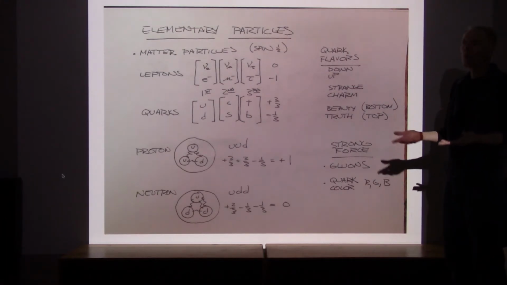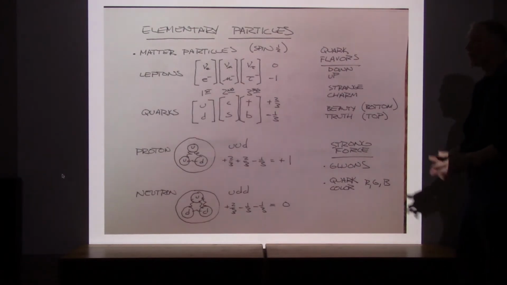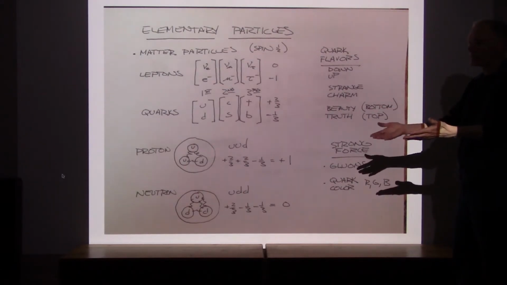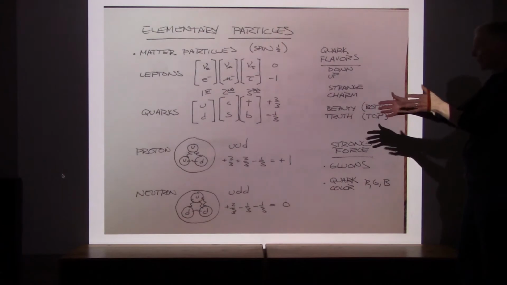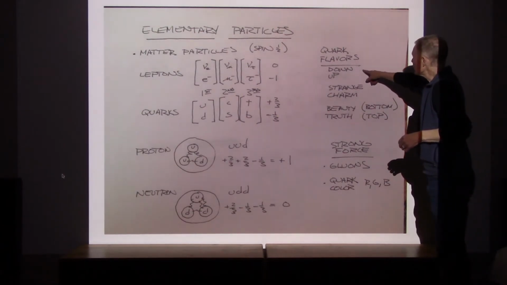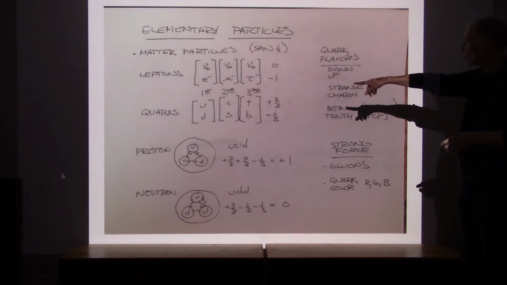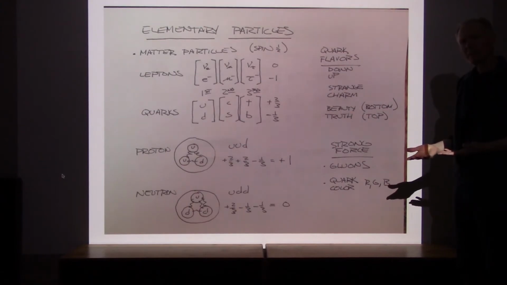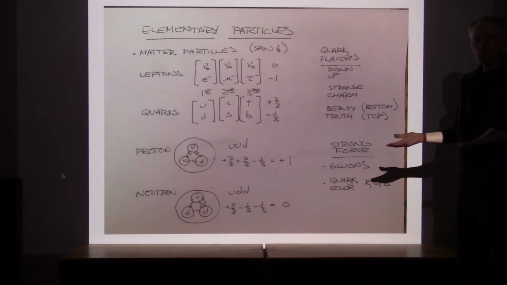And it was a period where people were trying to come up with whimsical names for different things, so that we didn't have to follow some kind of standard protocol. So these were named down and up. Strange was because it turned out that particles with a strange quark had different decay properties. They tended to take longer to decay, and hey, that was strange.